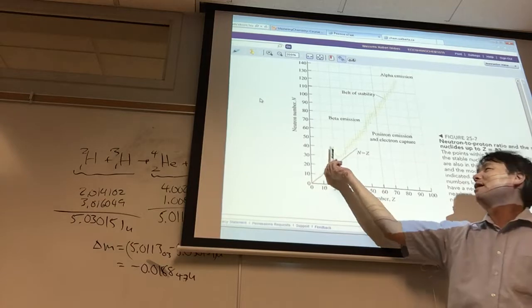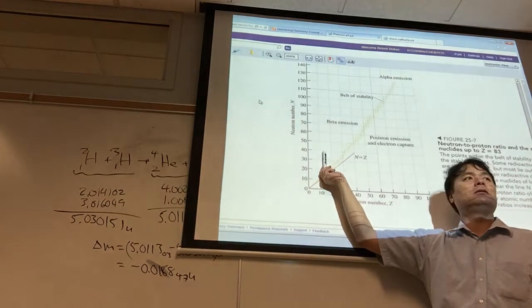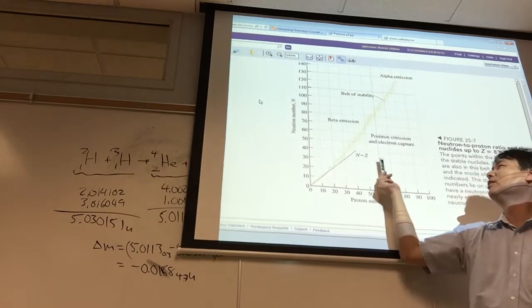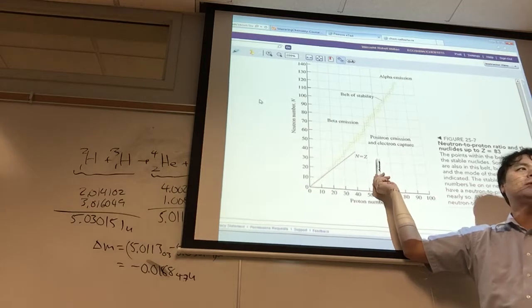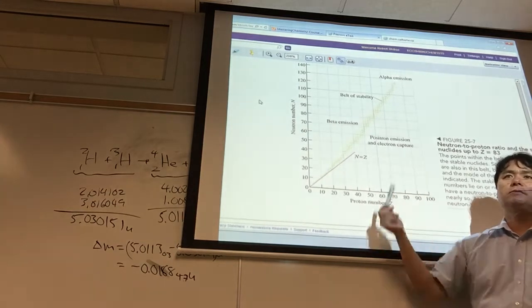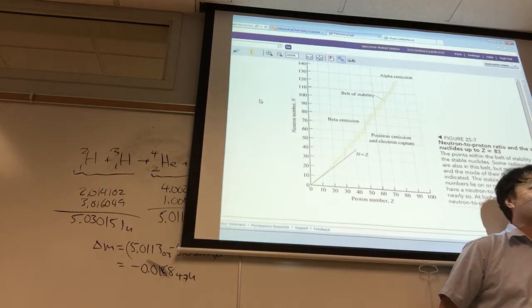And so if we're out here, outside the belt of stability, then we have too many neutrons. If we're over here, then we have what? Too many protons. Well, if we have too many neutrons, how can we get rid of neutrons?